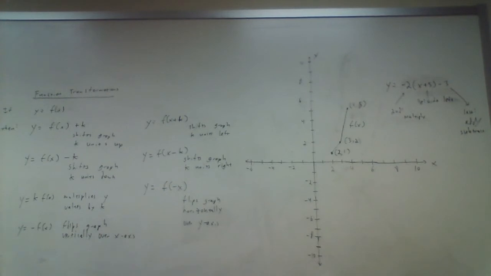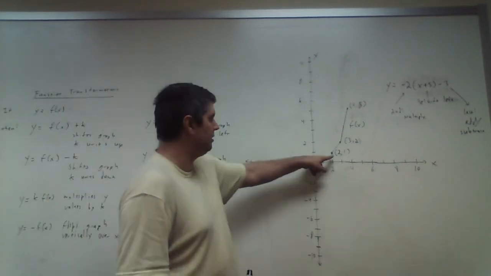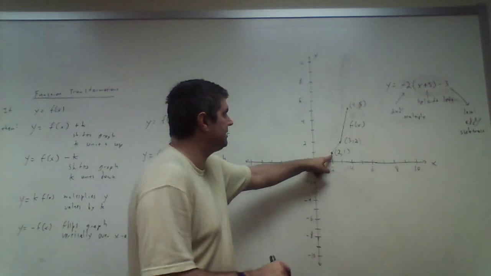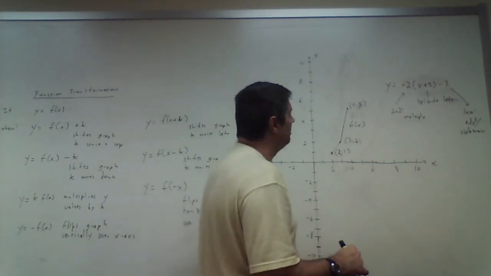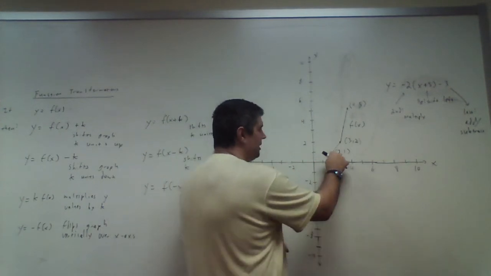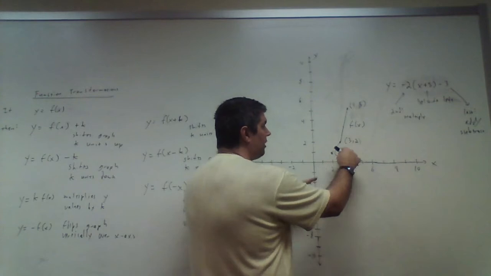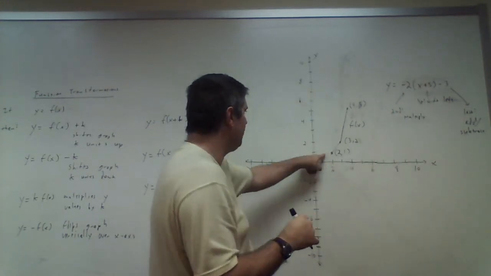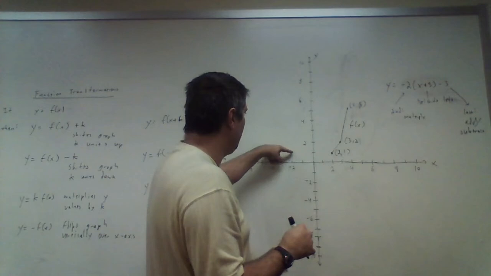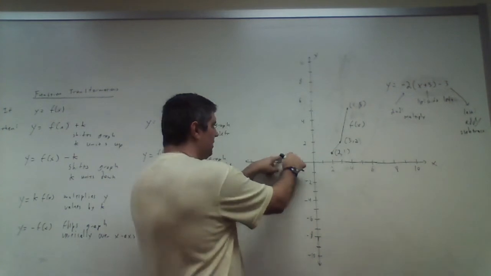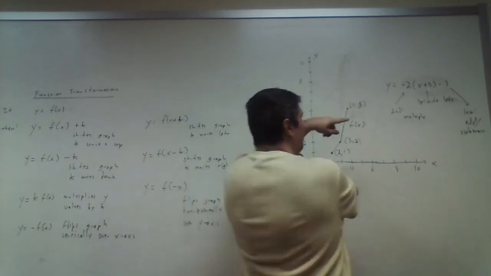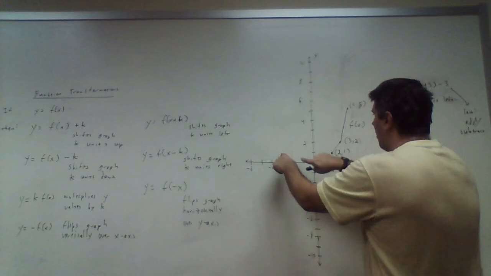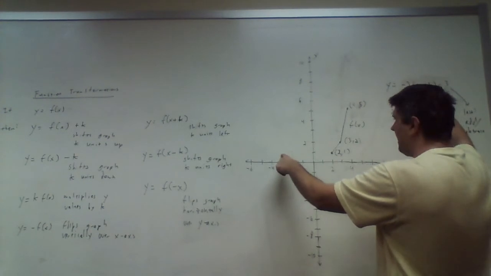So here goes. Here's my point. So this point we're going to shift it to the left 5 places. So 1, 2, 3, 4, 5. That's where it would be temporarily. But we're going to multiply that y coordinate by negative 2.